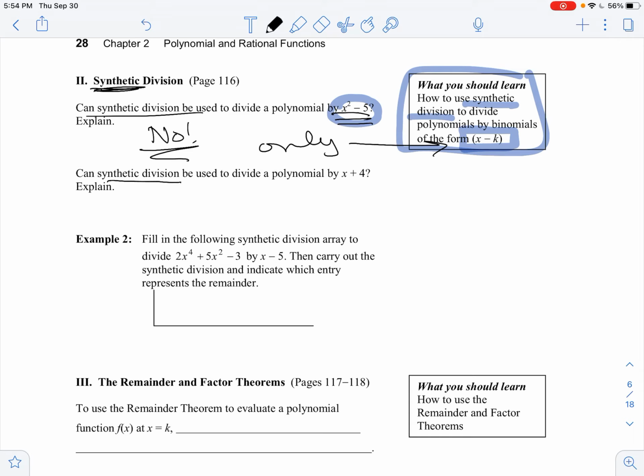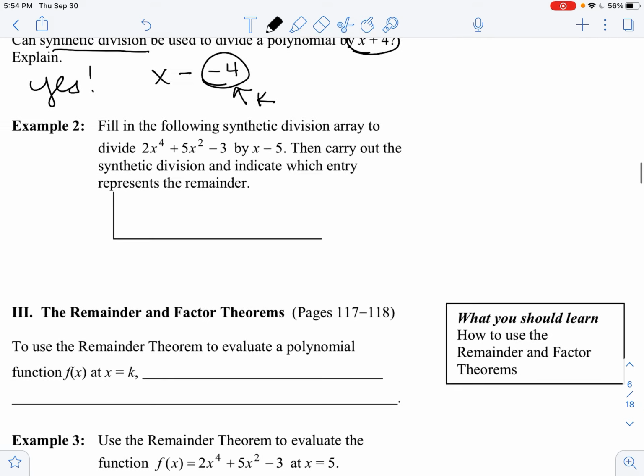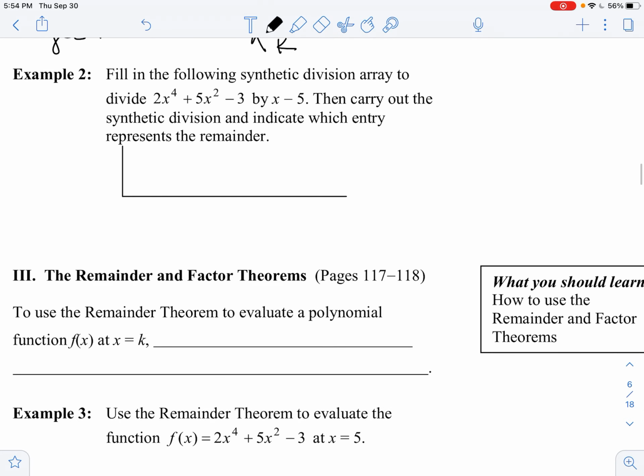Can we use synthetic division to divide a polynomial by x plus 4? The answer is yes. In this case, x plus 4 could also be written as x minus a negative 4, where negative 4 is that value of k. For this example, we're always going to look at what we're dividing and make sure that it's in descending order and there are no missing terms.